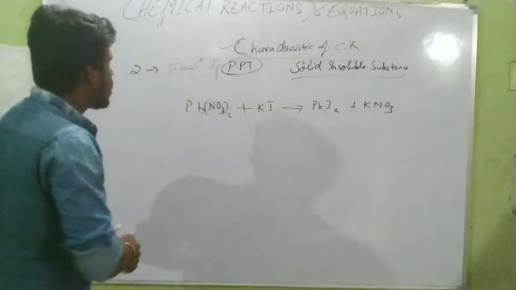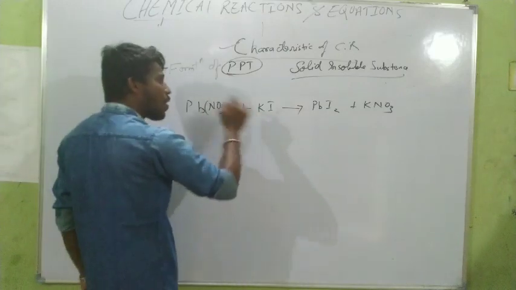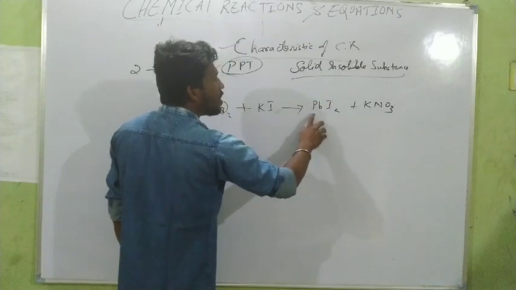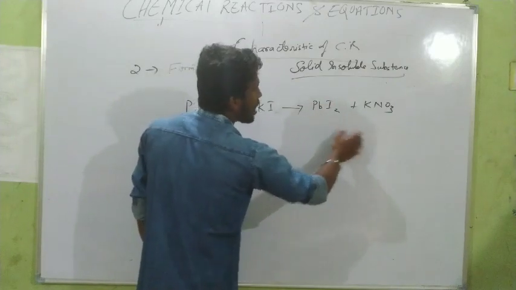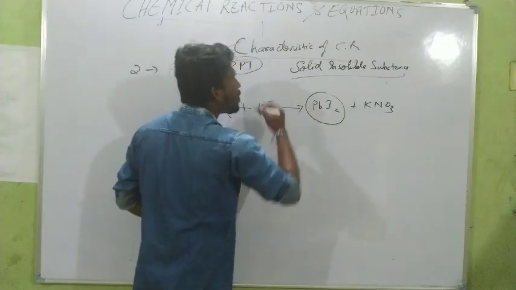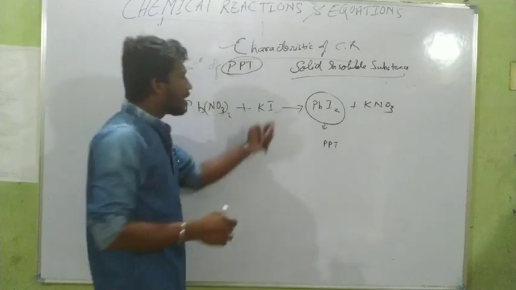Again I am repeating, when lead nitrate will react with potassium iodide, this will give you 2 more compounds, that is lead iodide and potassium nitrate, where this compound is a precipitate.